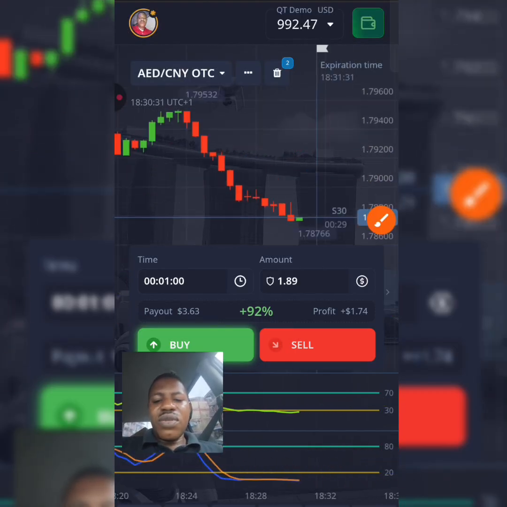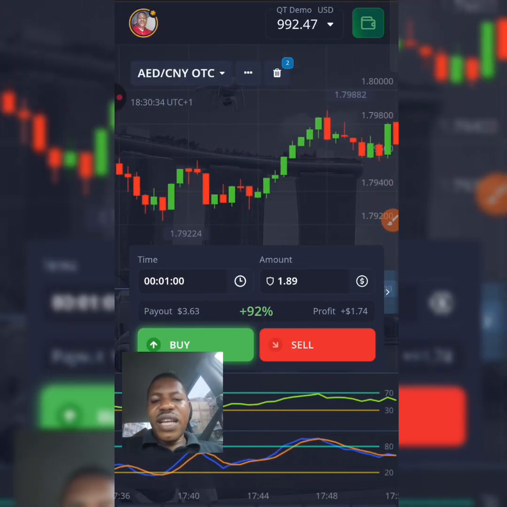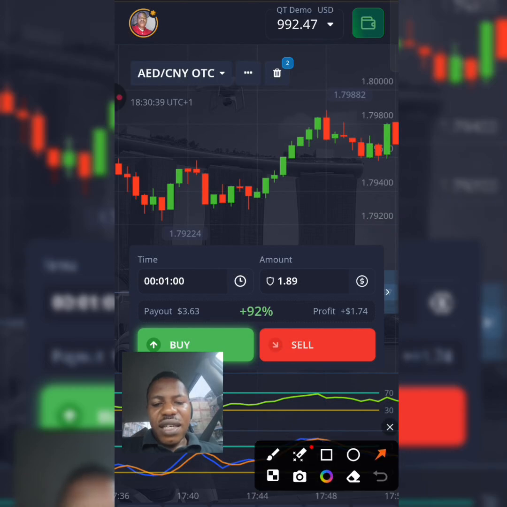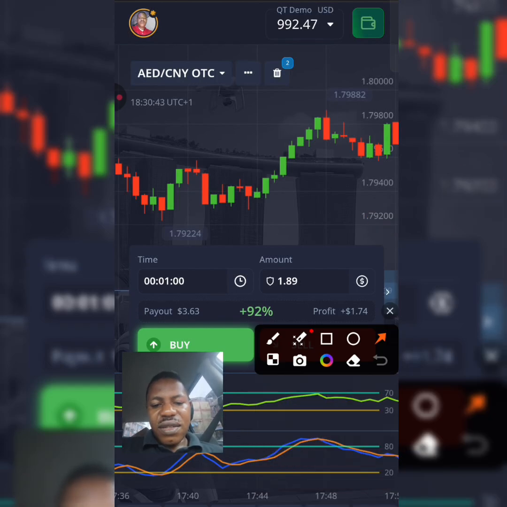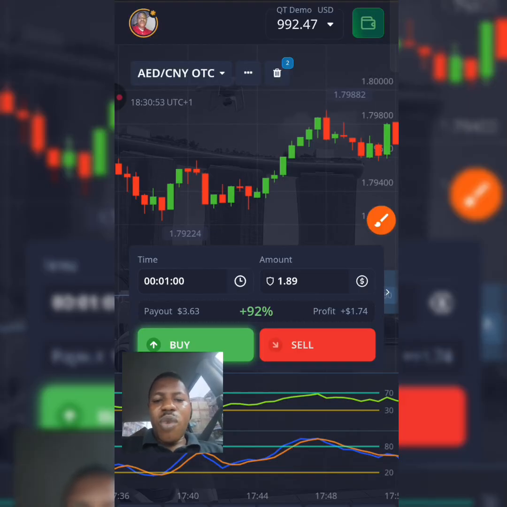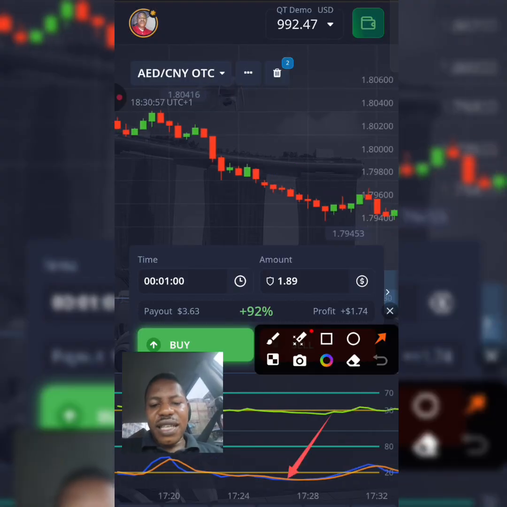But one thing I want to say is this: when the stochastic is already above the line, look at this case. The stochastic came from under and crossed above, and then you see that the blue is at the top showing that it wants to cross to the down. It works better than when the stochastic is already under, like in this case.